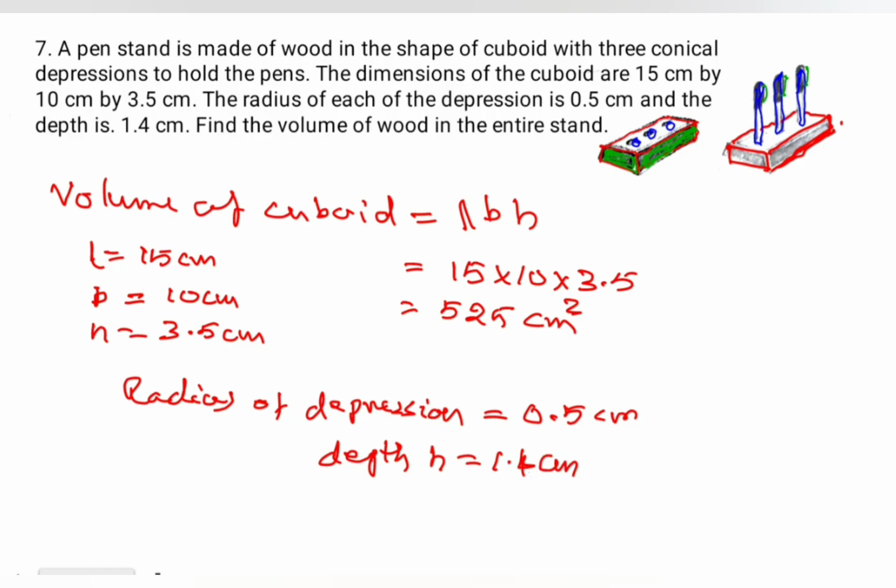Now the volume of each depression, here 3 are there. So 3 into the volume is equal to 3 into 1 by 3 pi r square h.